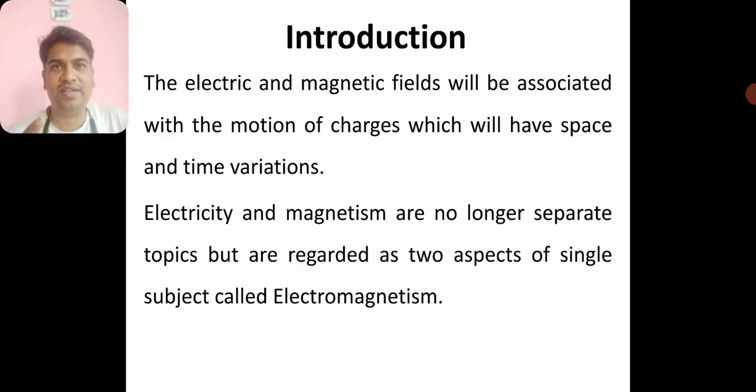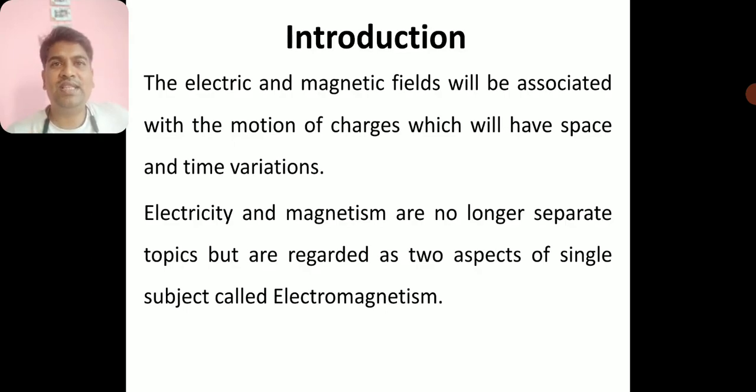He unified the laws of electrostatics and magnetostatics, laws like Faraday's law, the Biot-Savart law and Ampere's law, and presented them in the form of four equations, known as Maxwell's equations.